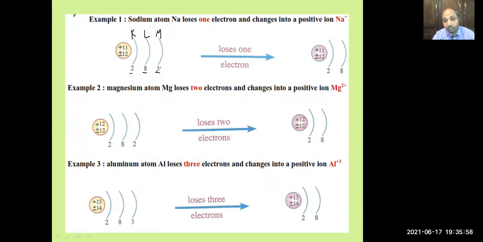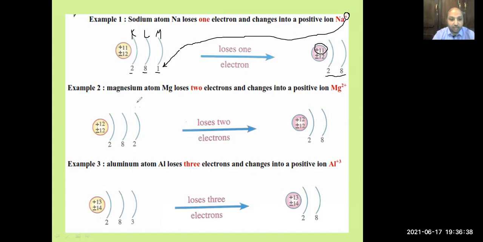So here the sodium atom tends to lose this electron from the outermost energy level, and it changes into a positive ion, carrying one positive charge, equal to the number of electrons that it lost. Here the sodium atom loses one electron. Let's see the number of electrons of the positive ion and the number of protons. Here the number of electrons of this positive ion is less than the number of protons inside the nucleus.